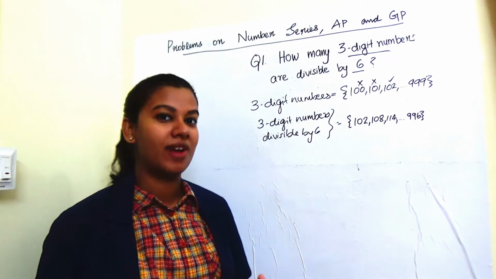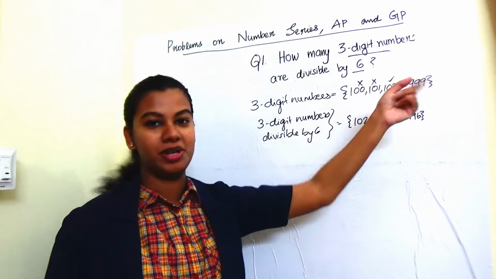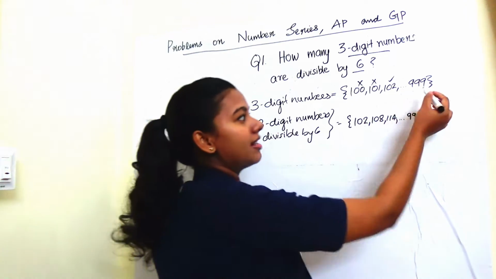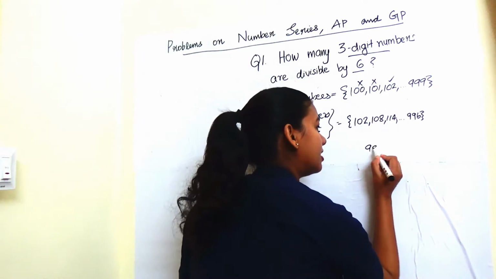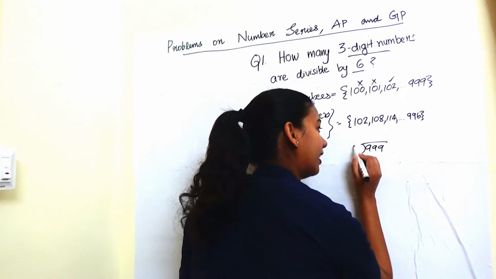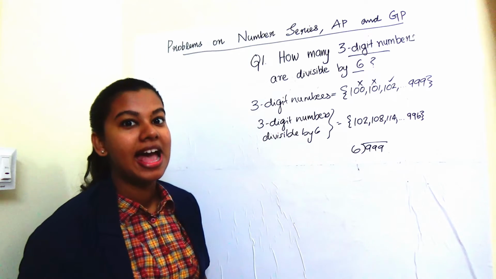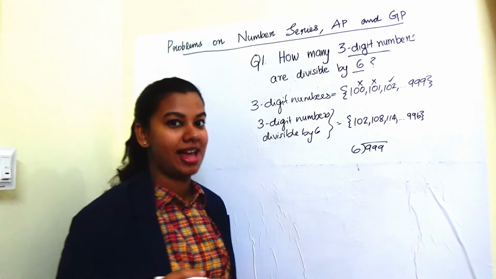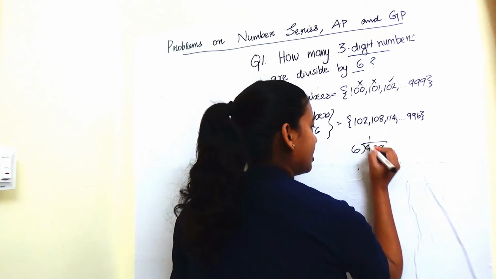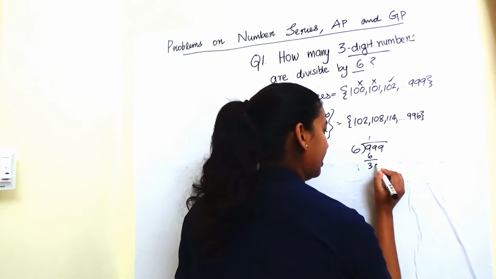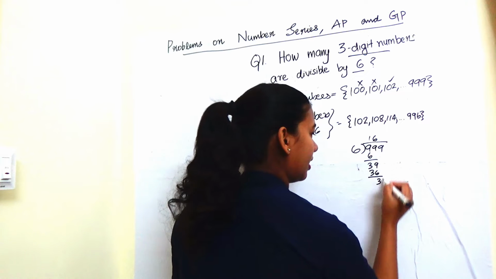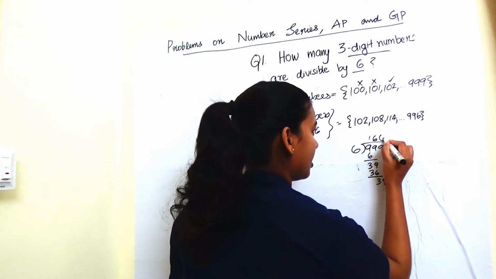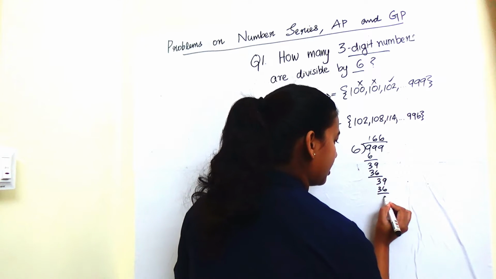Now, there is one more method in finding the first and the last number which is divisible by 6. That is, we are just dividing these numbers. The last number is 999. I divide 999 by 6 and find out what remainder I get. 6 ones are 6, remaining 3, I get 39. 6 6s are 36, again 3, I bring down the 9. 6 6s are 36.